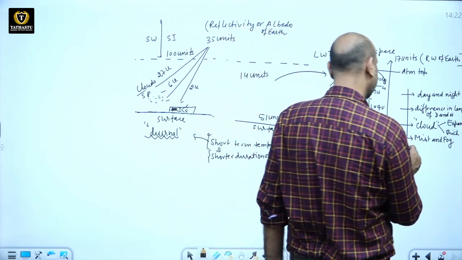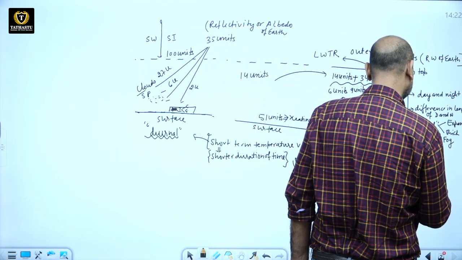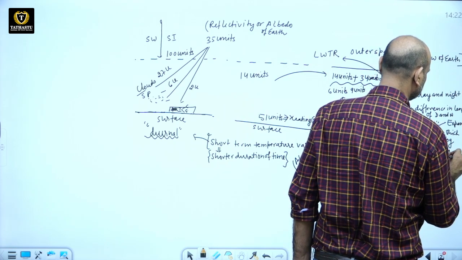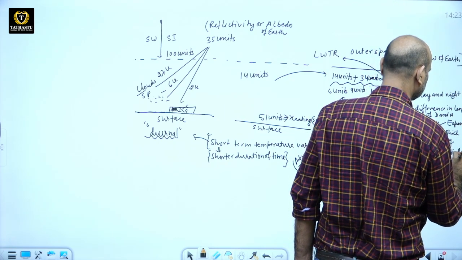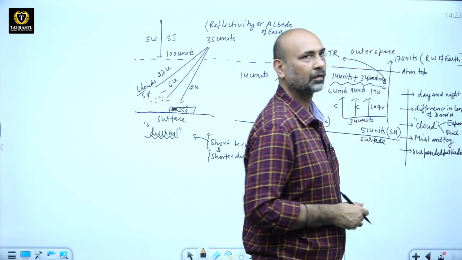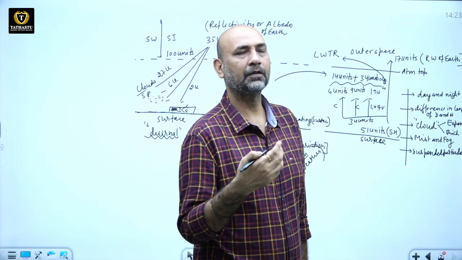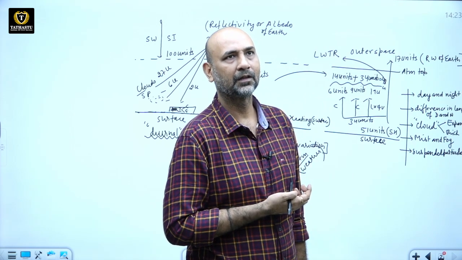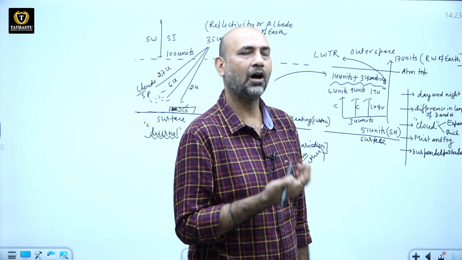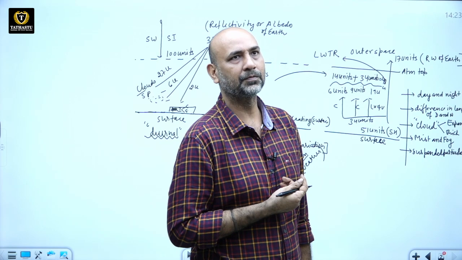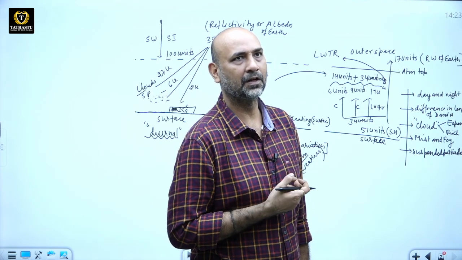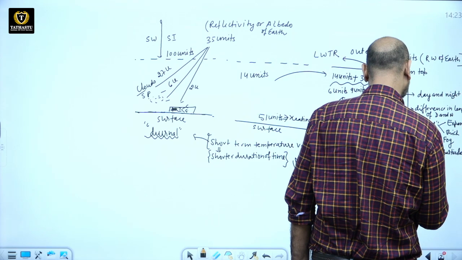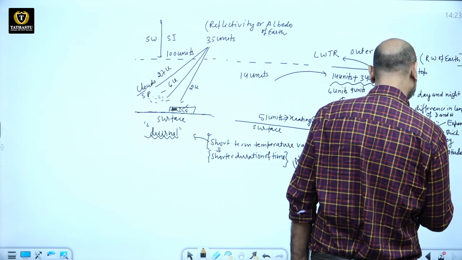Then suspended particulates. Suspended particulates are involved in scattering of the sunlight, incoming shortwave solar insolation. That scattering also interfere into incoming shortwave solar insolation received by surface of Earth. Now, snowfall.